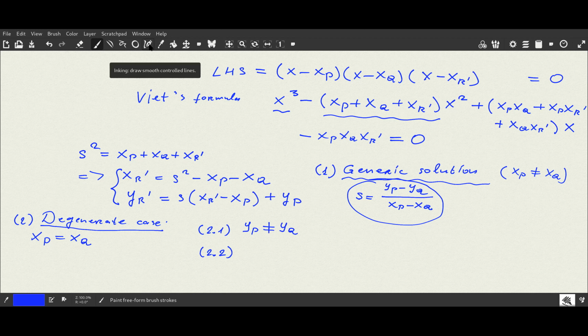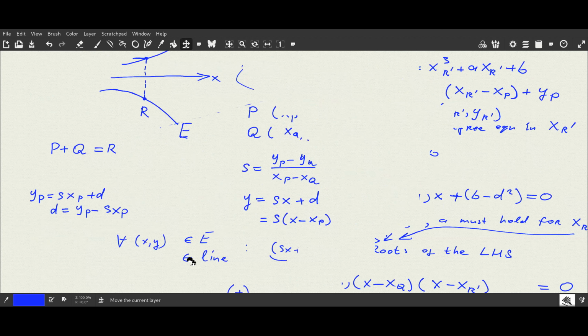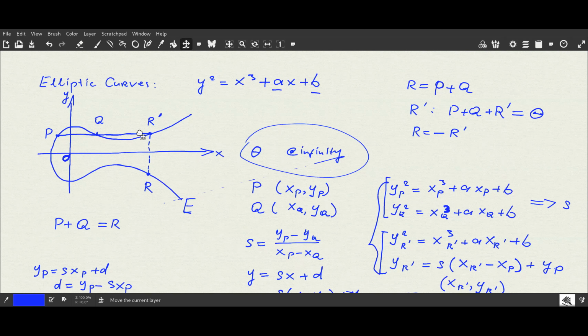Actually, when yp is not equal to yq, whereas xp is equal to xq, let's have a look at our curve. So for p and q, x values are the same, y values are not the same. If x values are the same, then this means that these are opposite points, right? These are just opposite points. So suppose that there is a p here and q here.